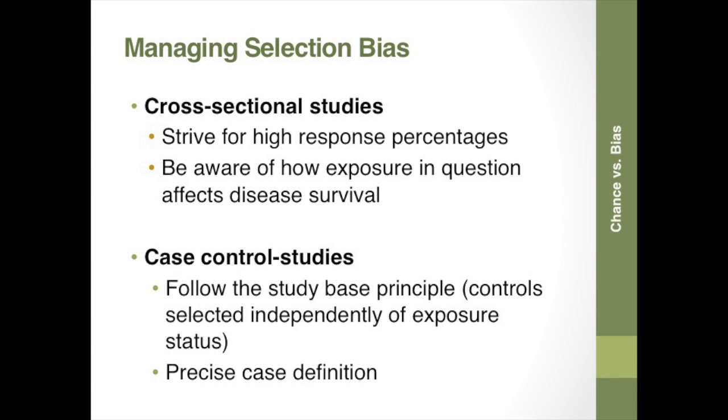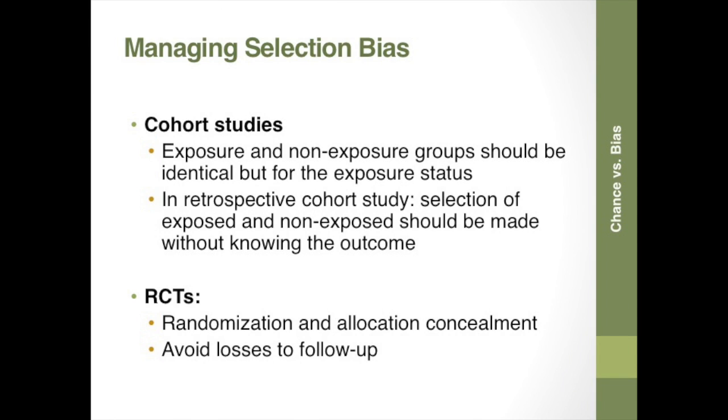In cross-sectional studies, we should strive for high response percentages and be aware of how exposure can affect disease survival. In case control studies, it's recommended to follow the study-based principle and be precise with the case definition. In cohort studies, exposure and non-exposure groups should be identical but for the exposure status.